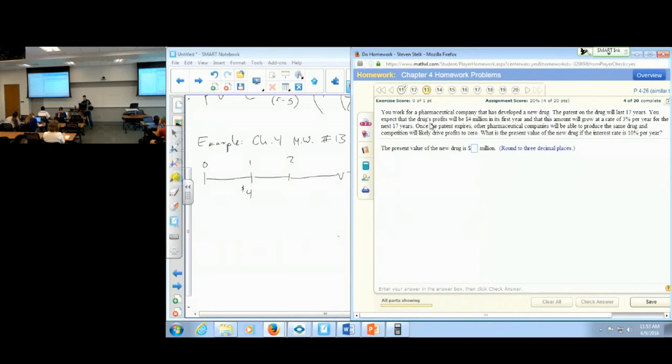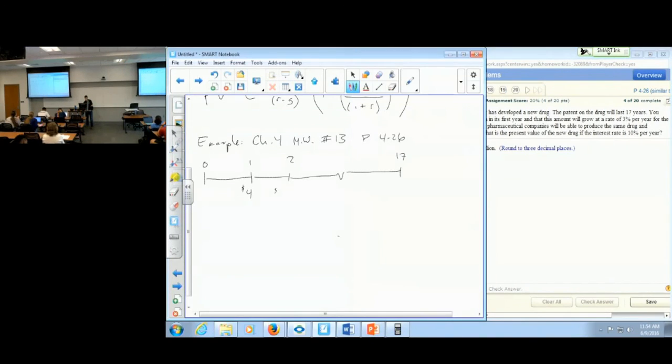All right, profits of the drug's first year will be 4 million, and that amount will grow at 3% per year for 17 years. So year 2, that $4 million is going to grow by 1.03. So let me write out another year on the timeline, just to make sure you got this. End of year 3, that $4 million profit will grow 2 times.